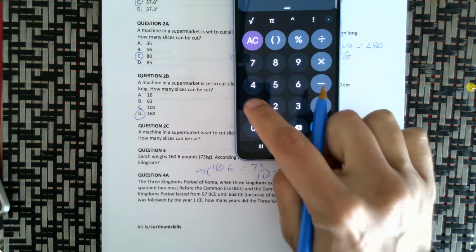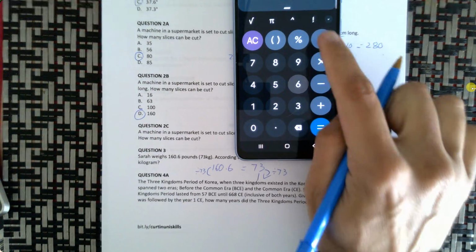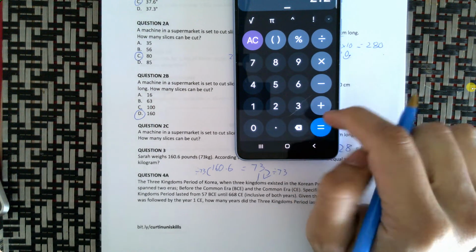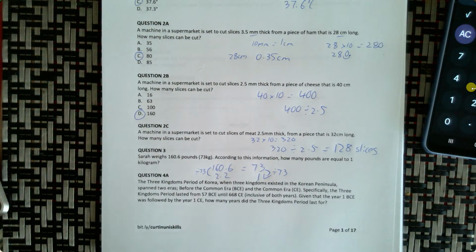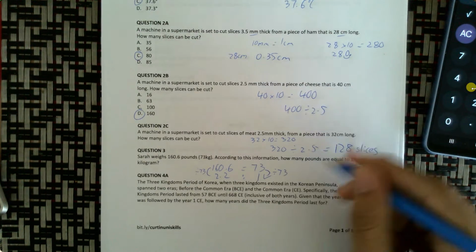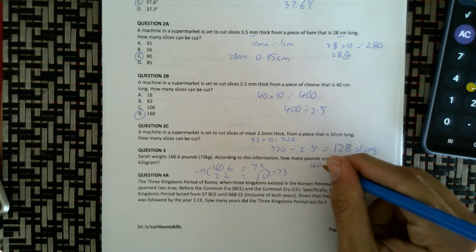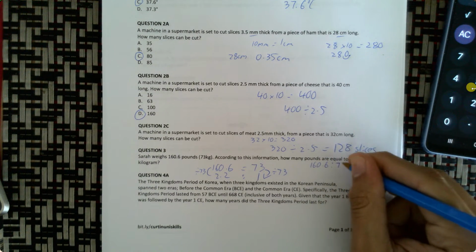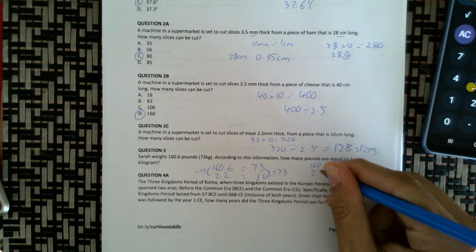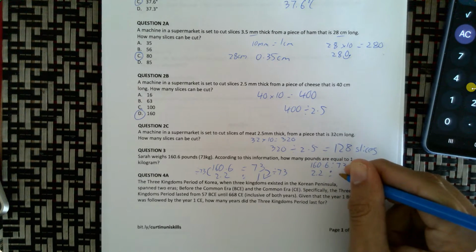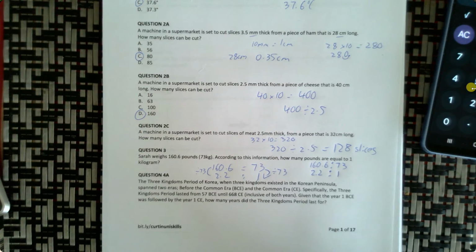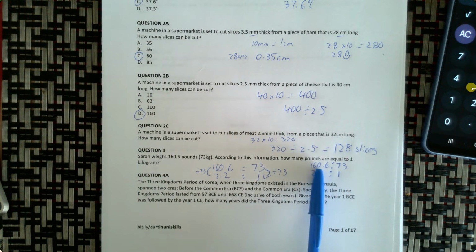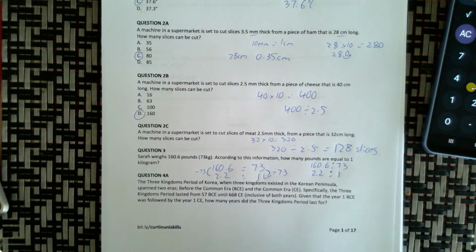So 160.6 divided by 73, 2.2. And if you know anything about pounds and kilos, that's the normal conversion. So remember, this is a ratio, with that colon separating one thing from another. Okay? From pounds to kilograms.